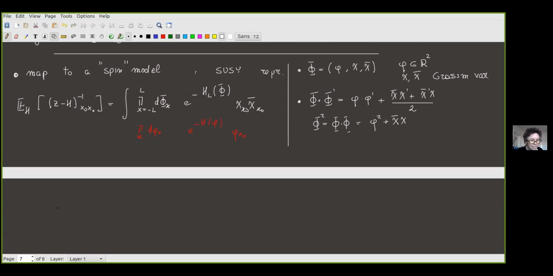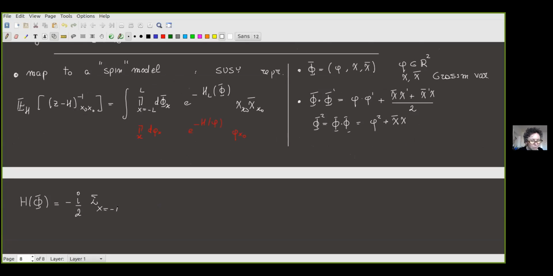So the energy has exactly the same form we had above. Let me write it here, H of phi. This is almost the same form, but there is a minus i over 2, so this is complex.